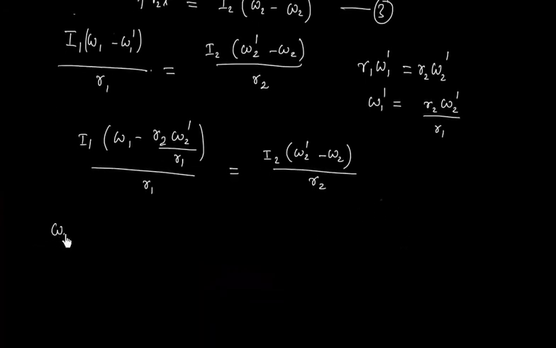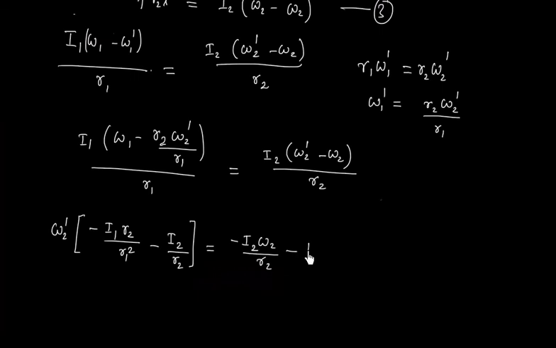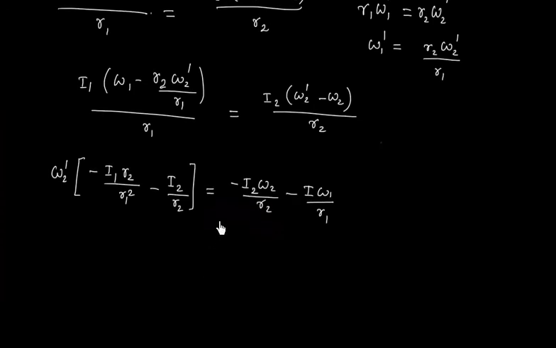So let us take omega 2 dash common. R2 by R1 by R1. So this becomes R1 square. And this side we will have... this goes to the right side, minus cancels.